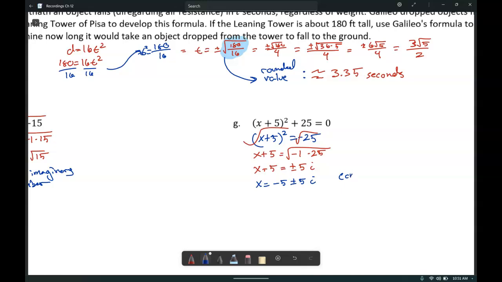And here we have a complex number in the form a plus bi, where negative 5 is the real part and 5i is the non-real part. But again, we still have two solutions, negative 5 plus 5i and negative 5 minus 5i.